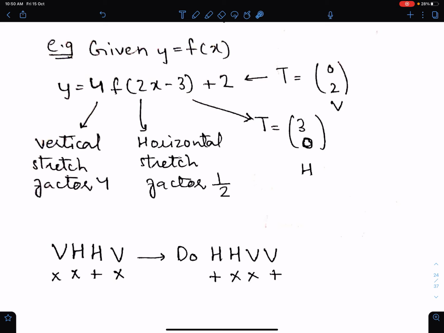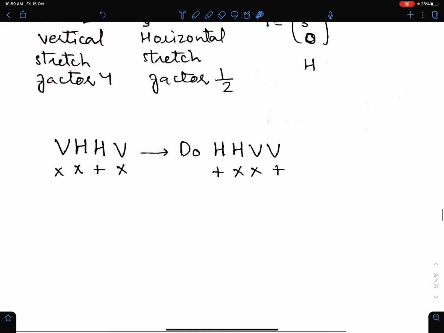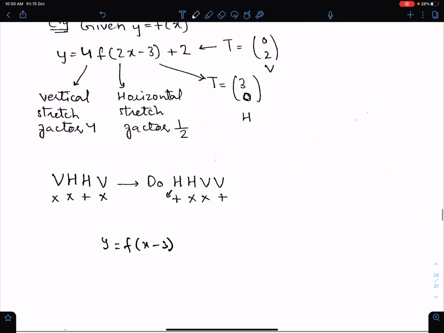So when you apply this first, you will get x minus 3. See, this will be x minus 3.